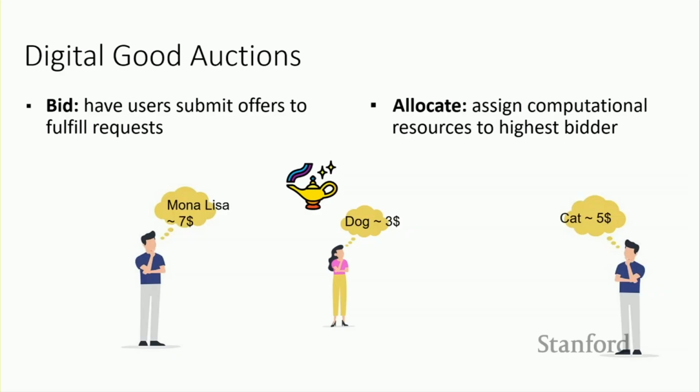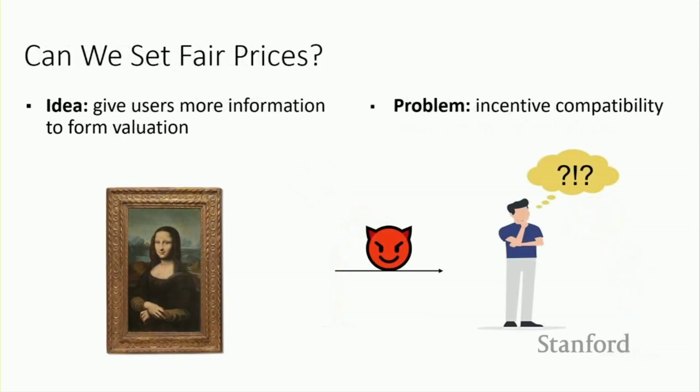So bidders have to submit offers to fulfill requests before actually seeing what the responses are. And then there's this resource behind the scenes that needs to be allocated. So what completion do you make? The question is trying to decide fair pricing.